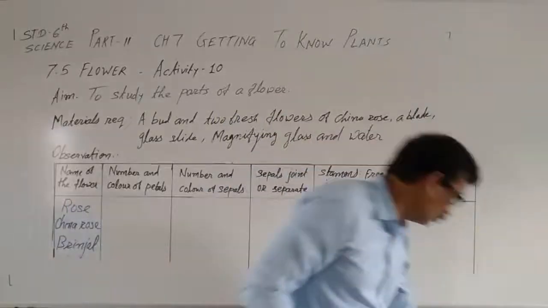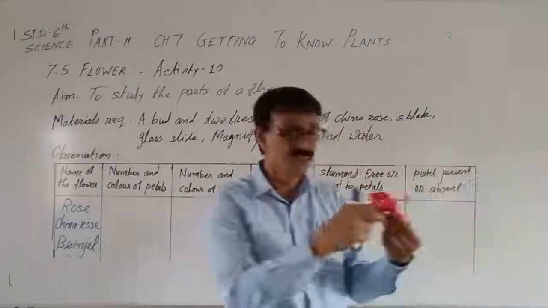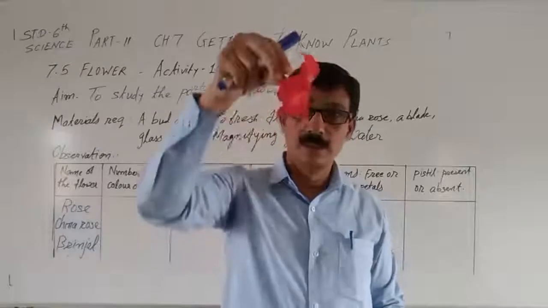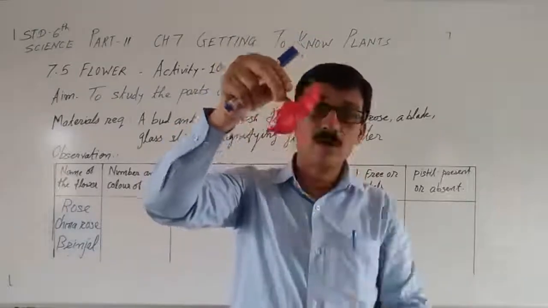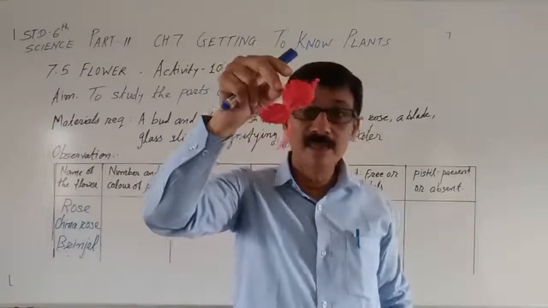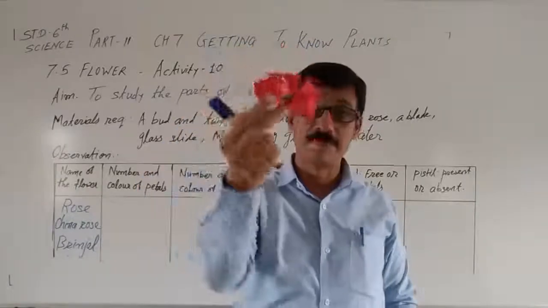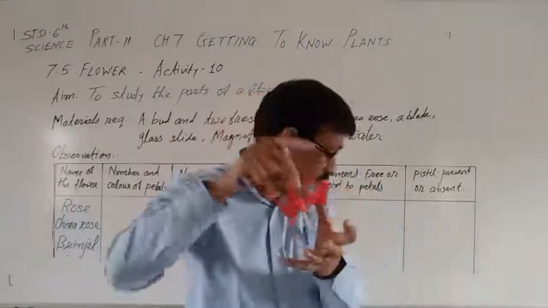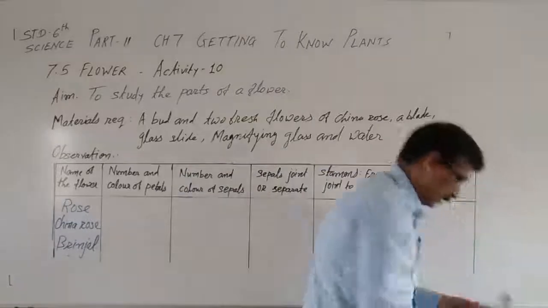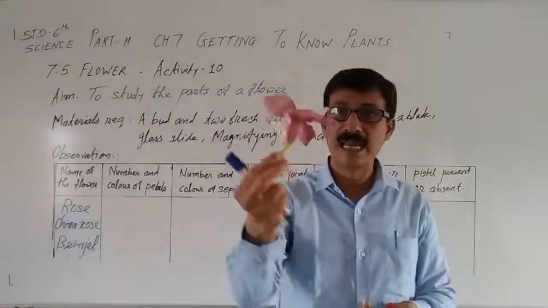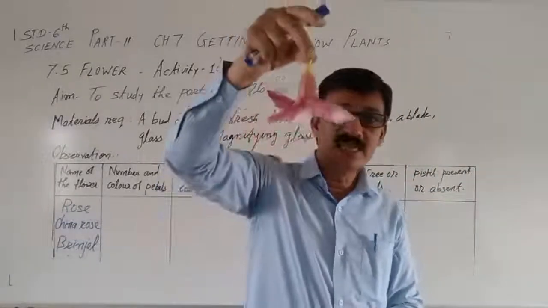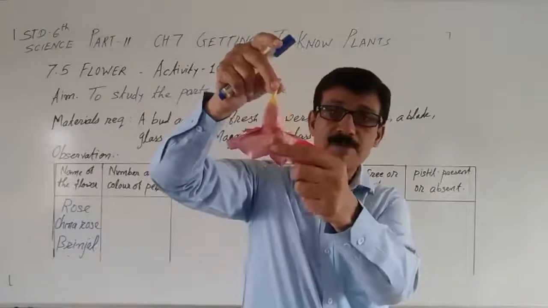Now let me show you. This is a China rose, a hibiscus, and this is a bell shape. Let me show you one more flower. I don't know the name of this flower, but can you see this shape? This is a bell shape.